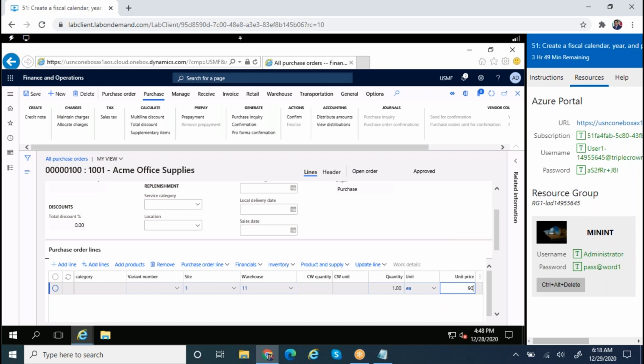Suppose I'm making it 900 something. The purchase order number is 100. Next I'm doing confirmation.